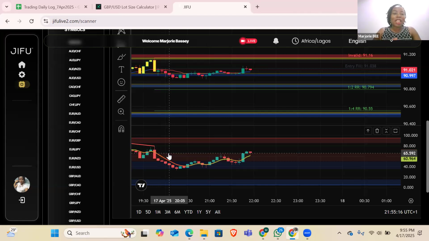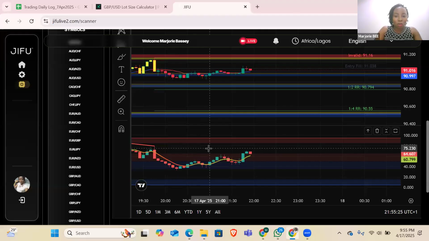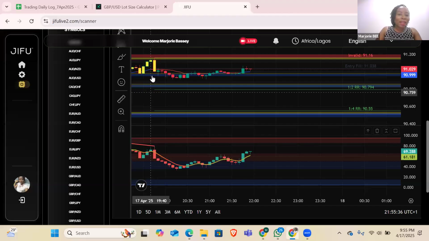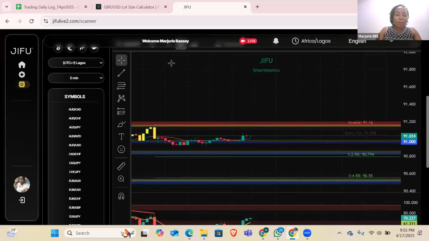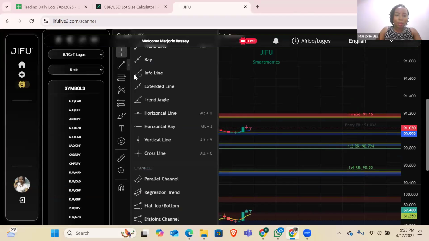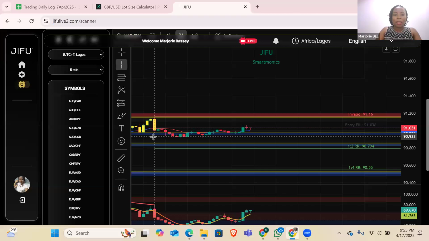It says that now the black or yellow candle must align with the chart here. So if you're selling, let's come to the zone below. This area below also has a red zone, and it also has a blue zone. So when you look at where that yellow or black candle is, let me look for my vertical line.